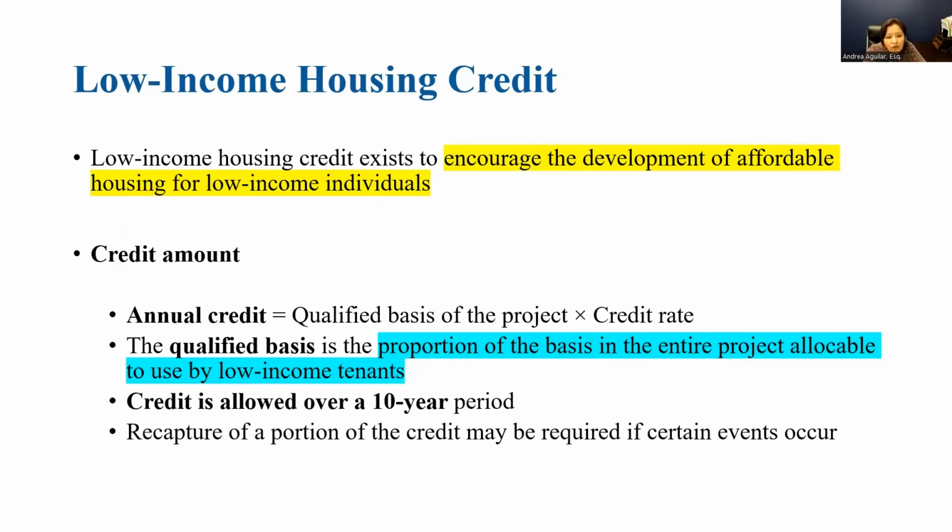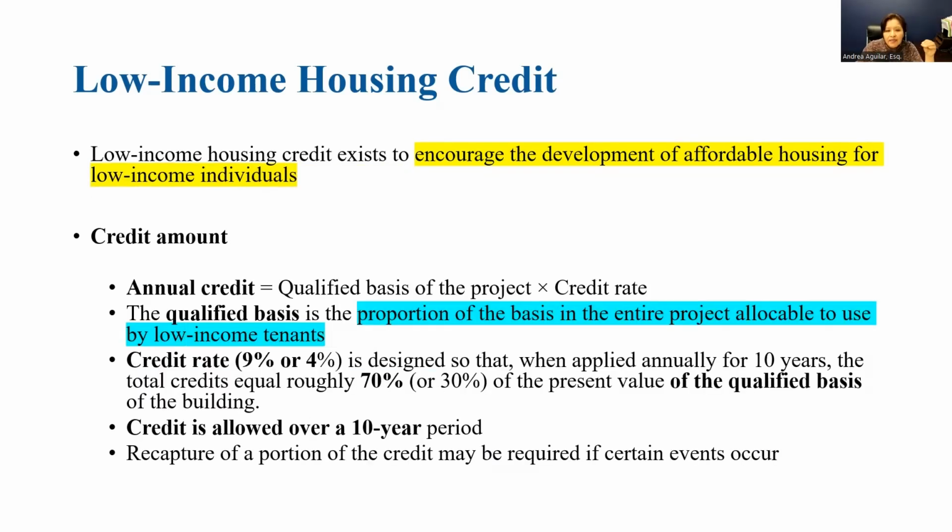Okay, and what is the credit? This is a type of credit that is designed to encourage developers to develop more affordable housing for low-income individuals. If they do that, they're going to get a particular credit. What is this annual credit? Well, it's the qualified basis of the project times a credit rate.